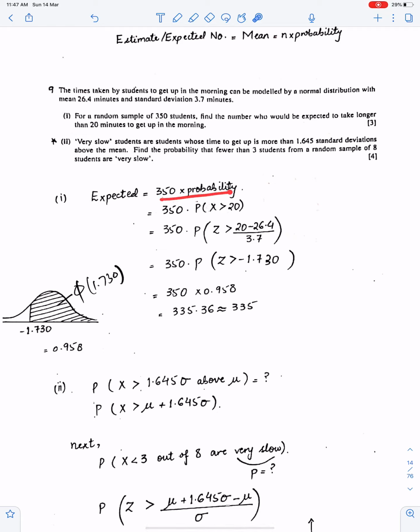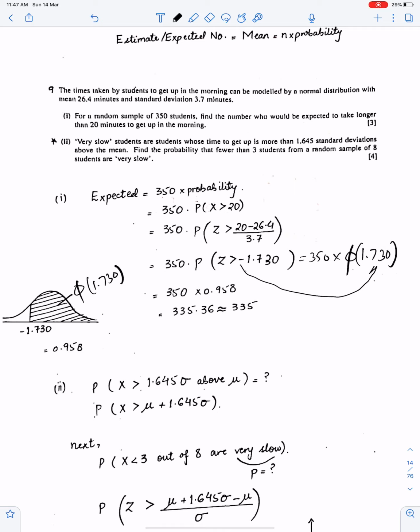So 350 times the probability of the requirement, longer than 20 minutes. This will become phi. So you can write this as 350 times phi 1.730. I'm not considering the negative sign here.